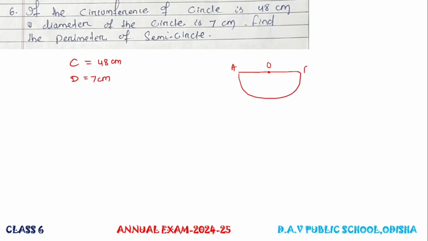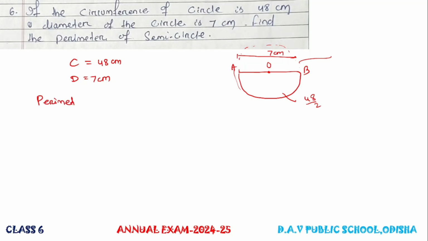This is AB diameter, and the diameter is 7 centimeter. The circumference means total. So total circle circumference is 48, which means this part from A to B is 48 by 2. Yes or no? Because total is 48, so half means 48 by 2.